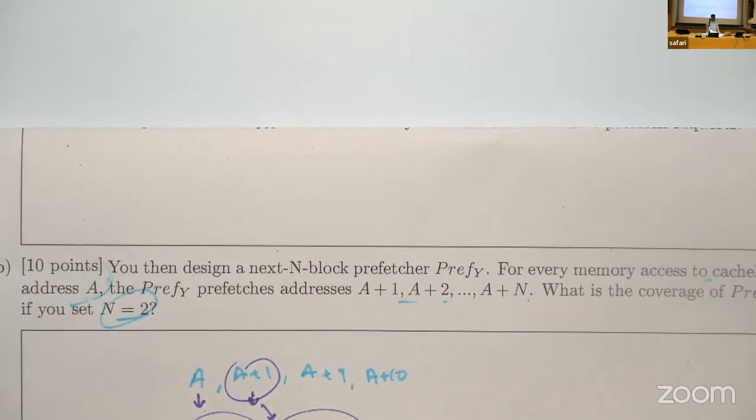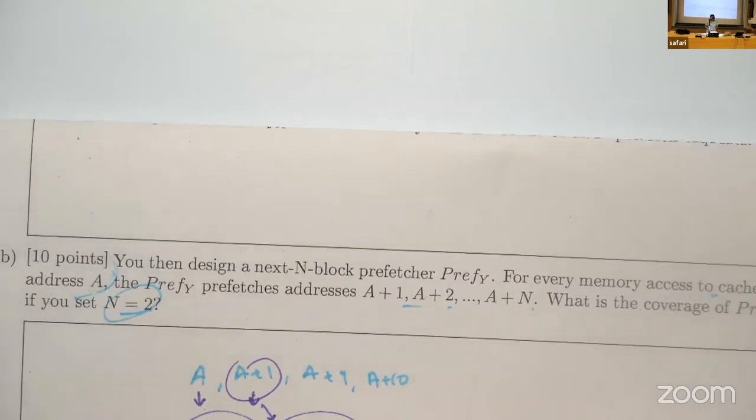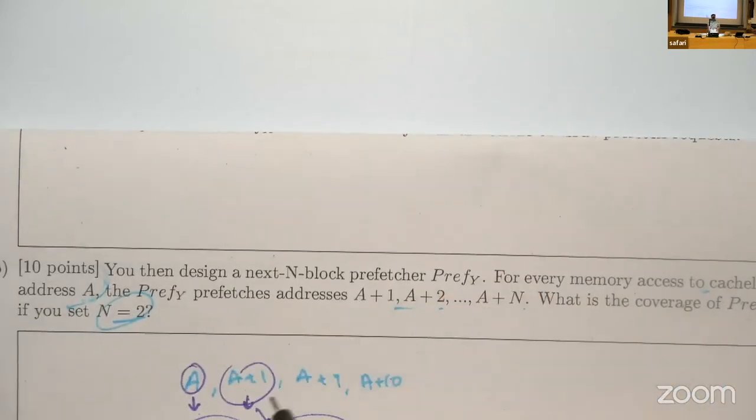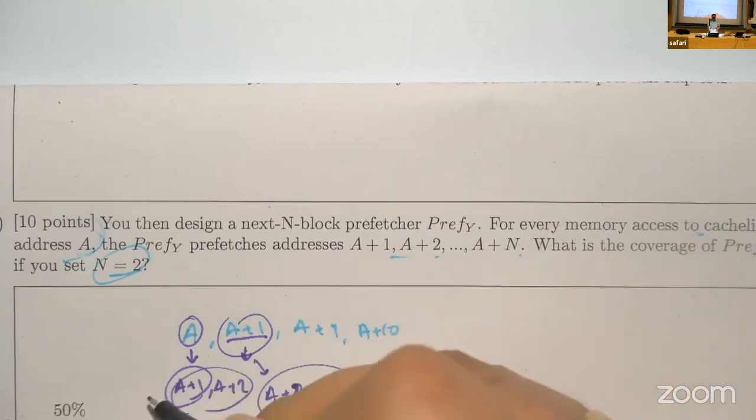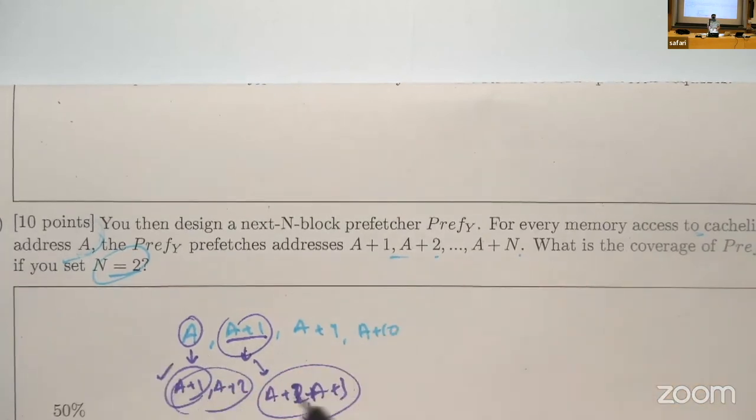So let's check how many of these prefetch requests are actually useful. Once you access A, you already access A plus 1 in the future, right? And prefetching A plus 1 is something useful, basically. So this is a successful prefetch.